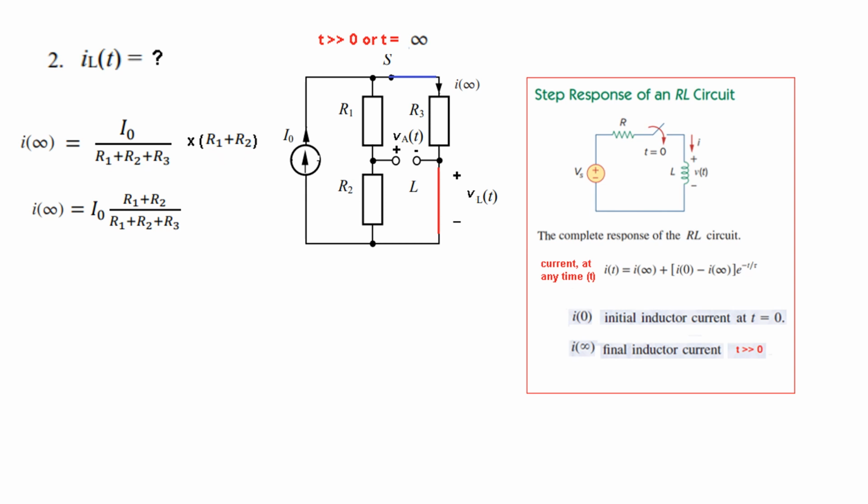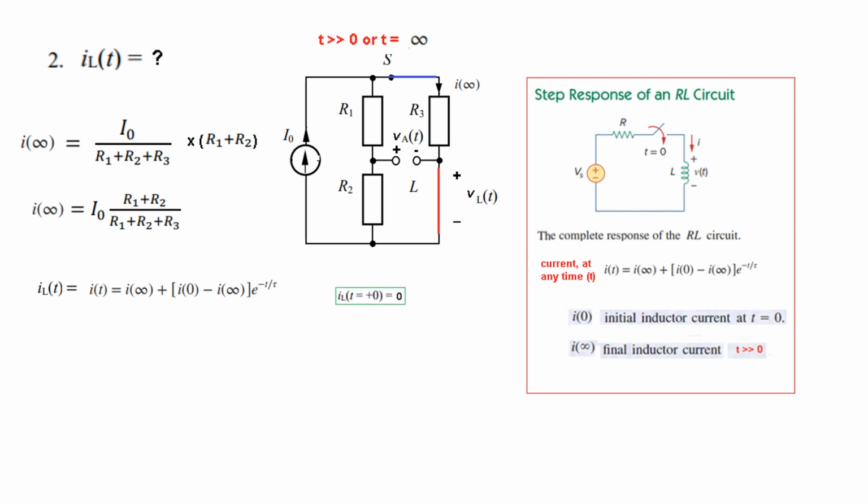We are finding the current in this branch, and this is the opposite arm, so it will be multiplied by R1 plus R2. So this is I infinity. And now we'll use this equation. So iL(t), which we call simply i(t), is I infinity, and this formula, we know I0 is 0, we have found this value. Let's simplify this.